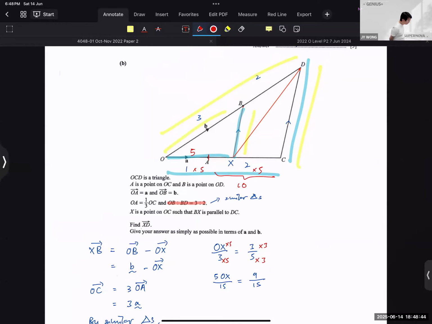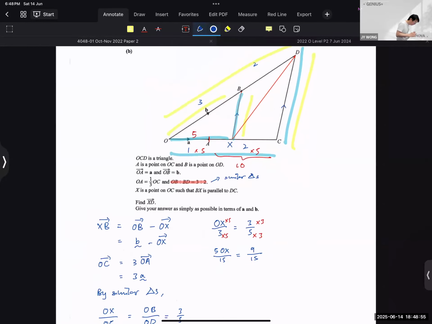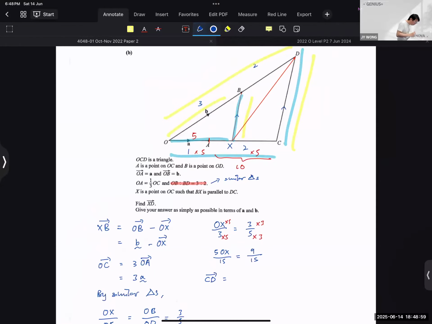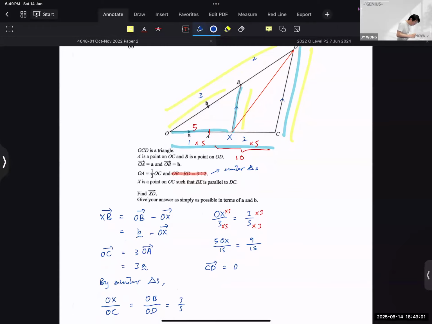Can I find CD? I can find CD, right? I can find CD means I can find XB, right? So what is CD? CD is just equal to OD minus OC, which is equal to, what is OD?